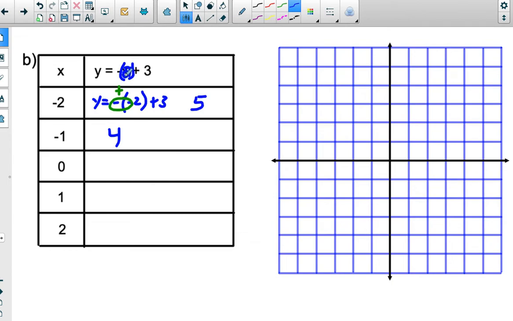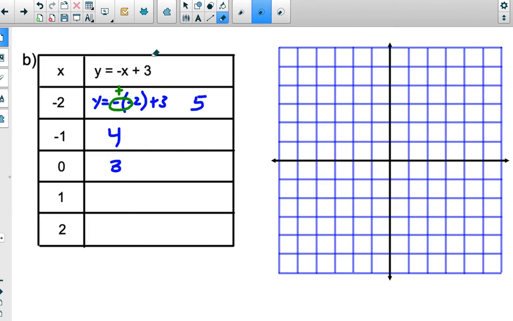We can't have a -0. Plus 3 is 3. At this point, you probably see a pattern going on. 5, 4, 3. You shouldn't assume that it's just going to go 2, 1. In this case, it is, but you should figure them out because it doesn't always go that way. And if you just assume, you might get the question wrong.